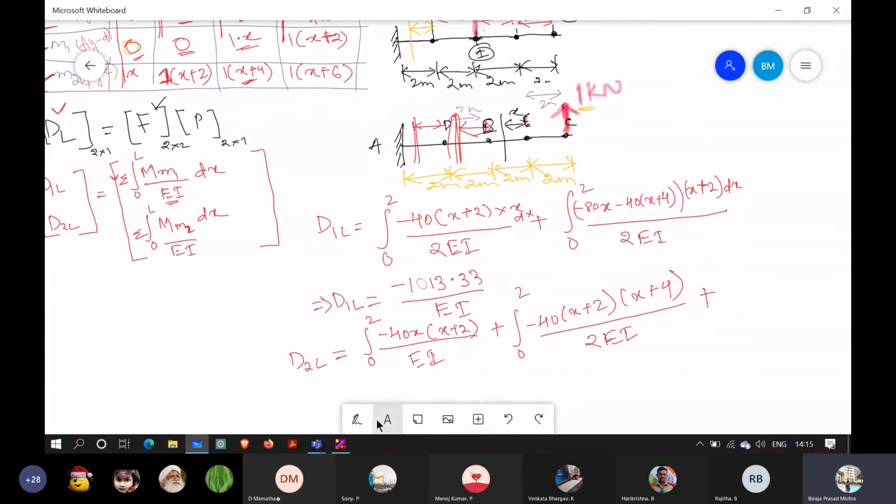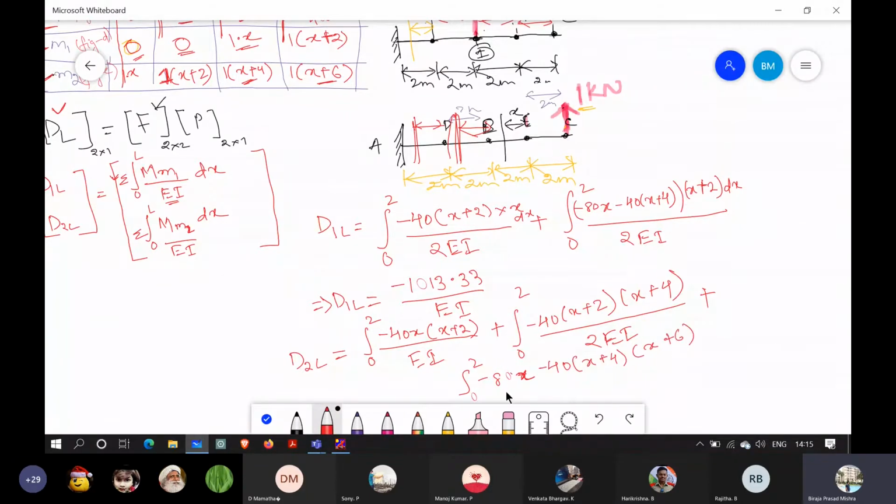Then again plus the same one, integration 0 to 2, minus 80x minus 40 into x plus 4 into x plus 6, divided by 2EI, into dx.